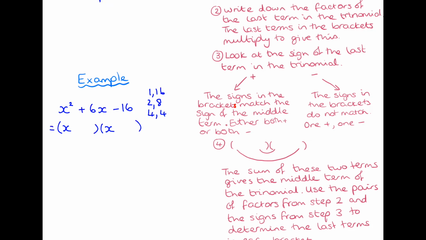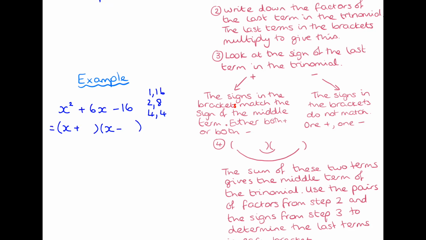Okay, if we can do that every time we've got to factorise a trinomial, then we're well on the way. Okay, then we need to think about the signs. So when this sign here is negative, it means the signs in the brackets have to be different.